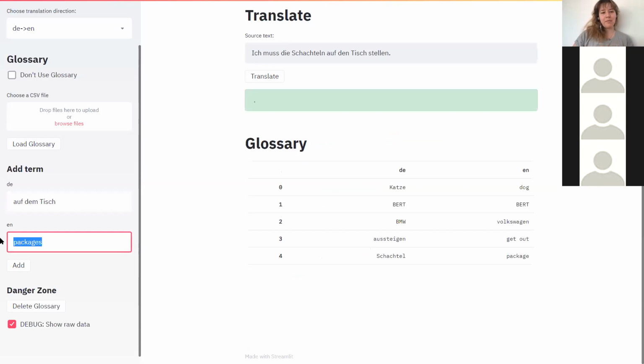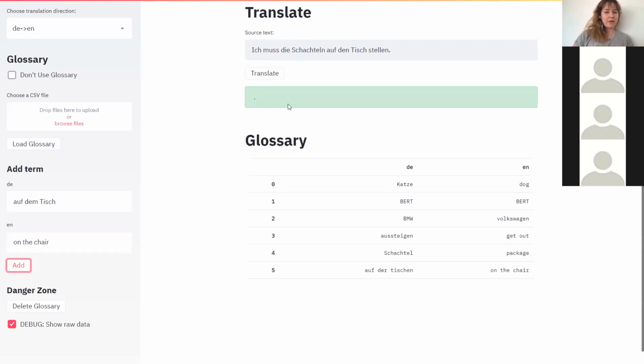Like this? Yeah, and then for a test, you can say on a chair, just to make it obvious. Do you also think that it will still react, even though the case is not the one that we have in the sentence?